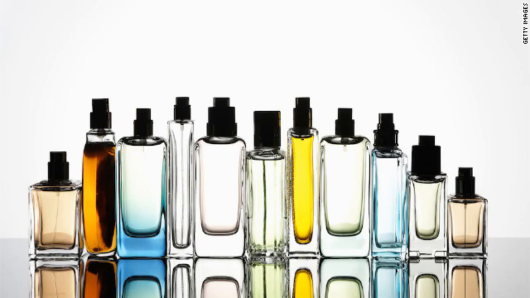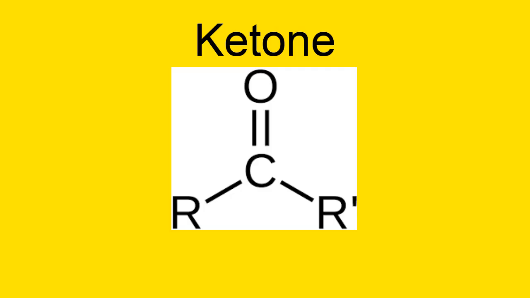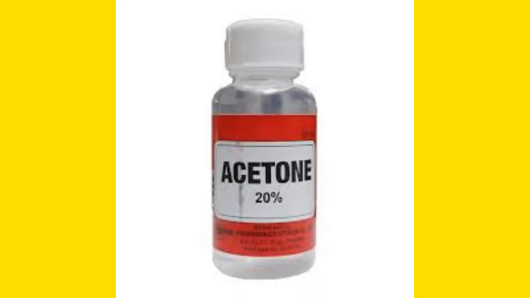A good example of products containing aldehydes are perfumes and colognes. Ketone. Ketone is an organic compound containing the carbonyl group, also known as carbon and oxygen with a double bond. A good example of a ketone is acetone.